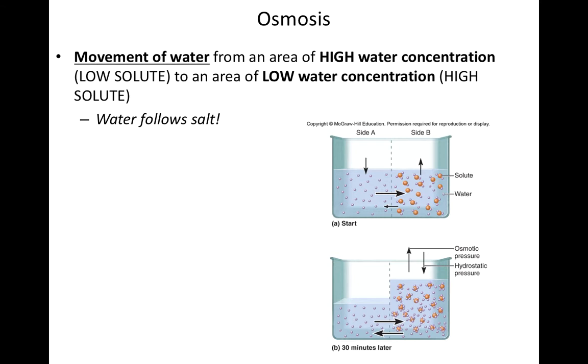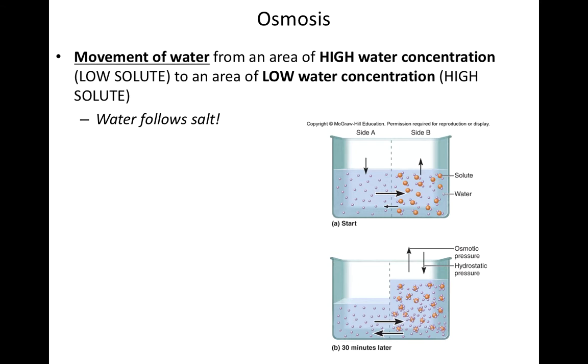Water is going to move from an area of high water concentration, which also could be said an area of low solute concentration, and it's going to move to an area of low water concentration, also high solute.